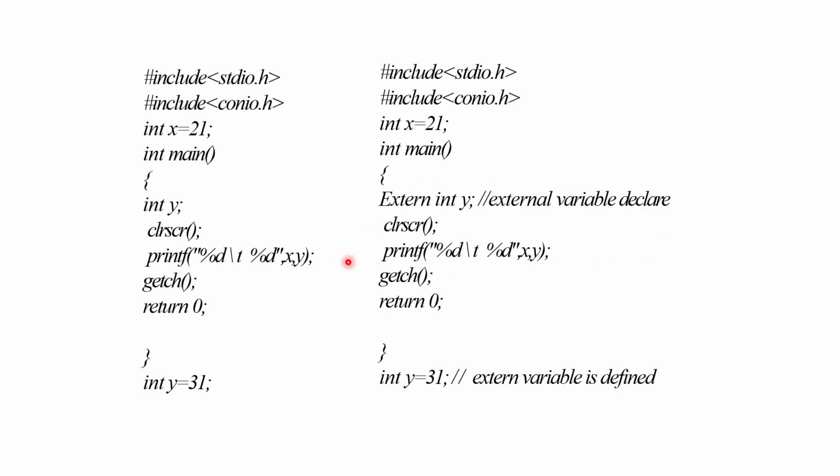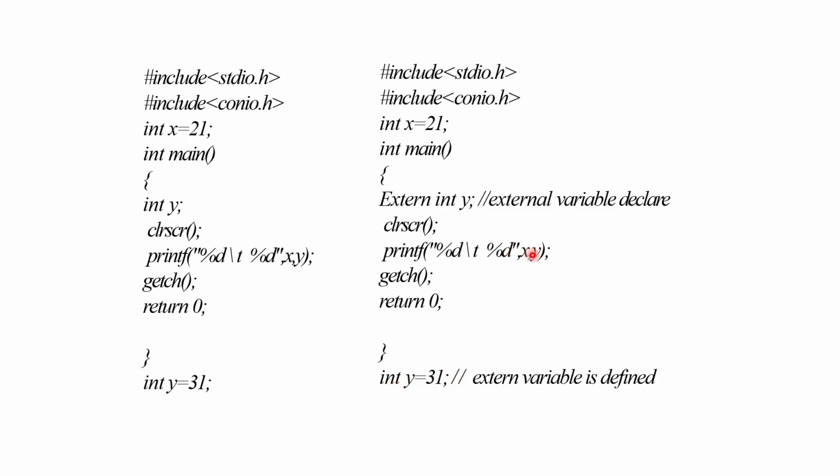But in the right side, you see, we have this x and y, same thing. x is again 21, so 21 will be printed. And you see, in the right side, since this y is an external y, it can take a value from this program, whose value is 31, right?